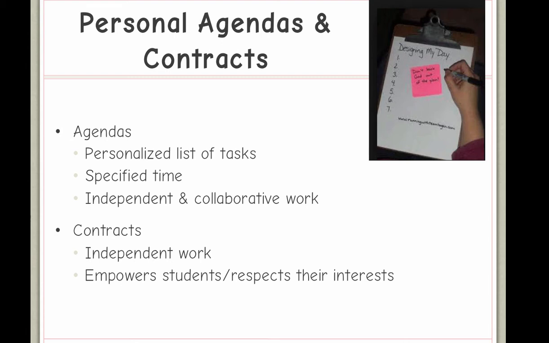So this kind of strategy can really help all students, and I mean all students. I mean students with disabilities, students who struggle, ESL students. Every single student can be encouraged to follow an independent agenda and work independently and be less reliant on the teacher. But of course, the teacher has directed this agenda, so it's not total hands-off, but you're empowering students to take charge of their learning.